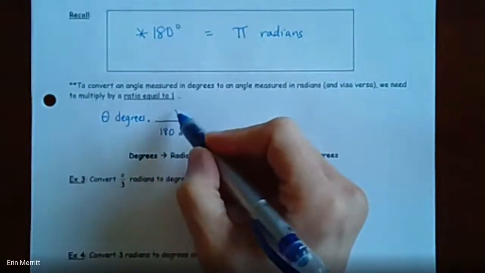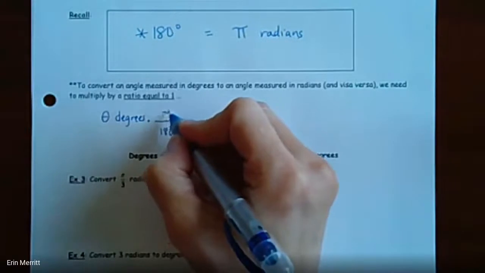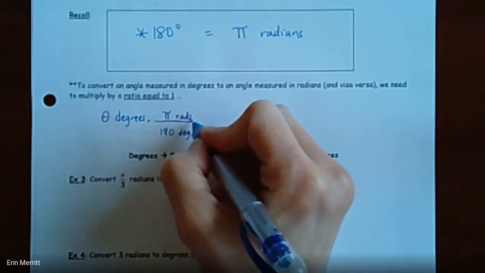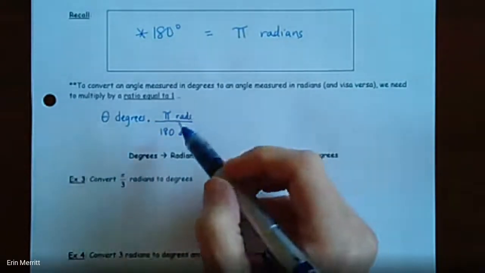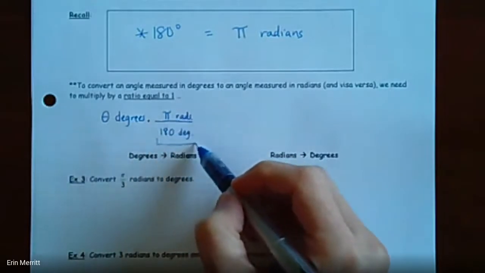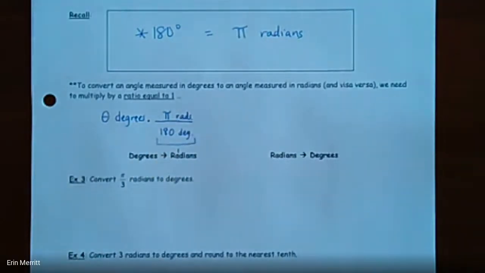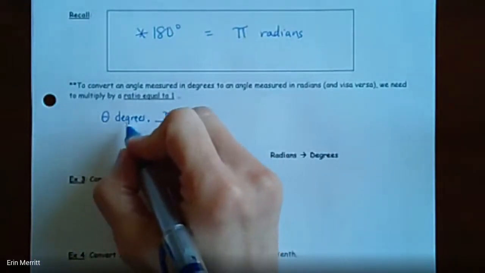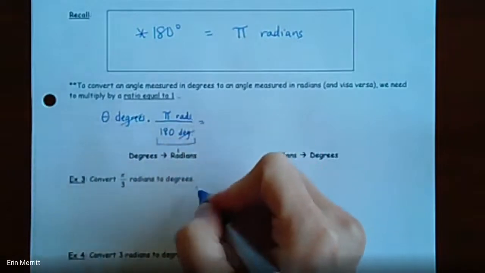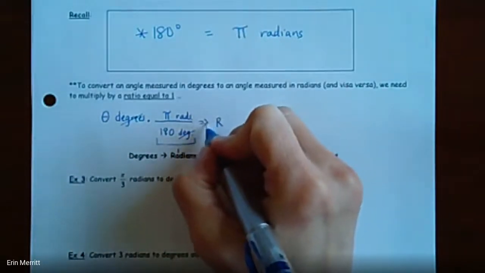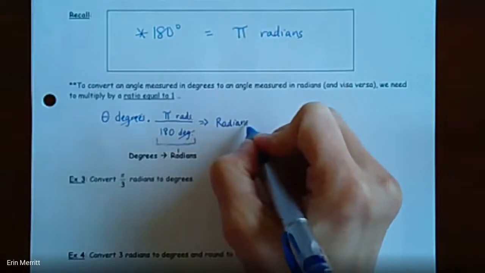What's going to go on top is what it's equivalent to, that's pi radians. Because this is equivalent to 1, it won't change the value. It's just going to change the unit of measure. The degrees will cancel, and what you'll be left with is an answer in radians.